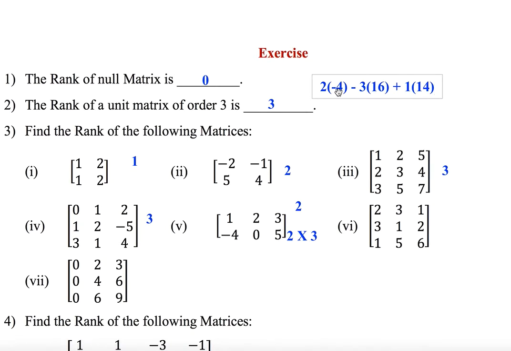This is 8 minus 48, so the negative value is more than the positive value. So the determinant is not equal to 0. So the rank is 3.